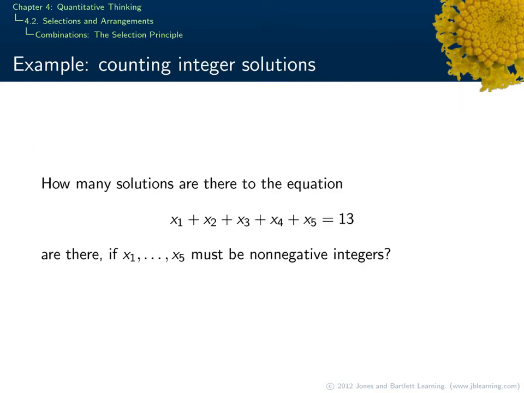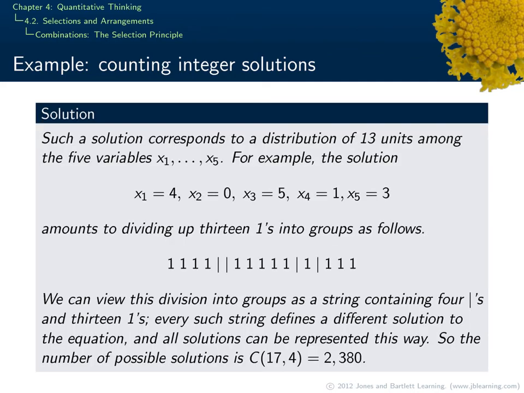Okay, here's another example that we can do using selections or combinations. So we have this problem involving an equation, x1 plus x2 plus x3 plus x4 plus x5 equals 13. We want to count the number of solutions there are if the numbers x1 through x5 must be non-negative integers. So here's one way to think of it.